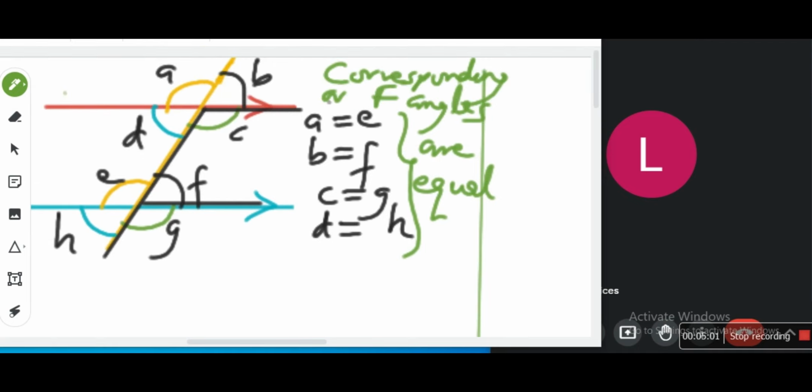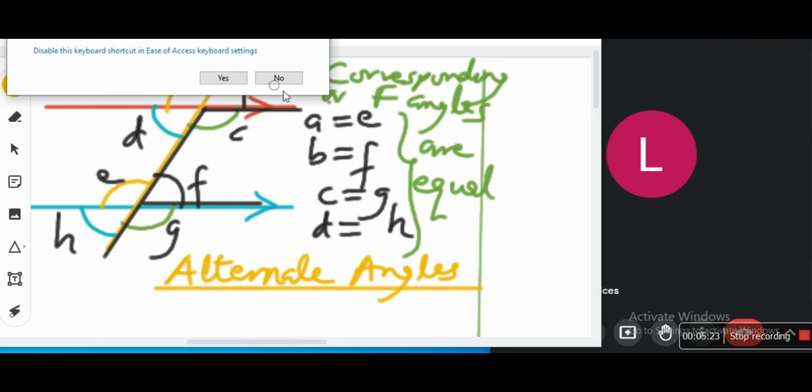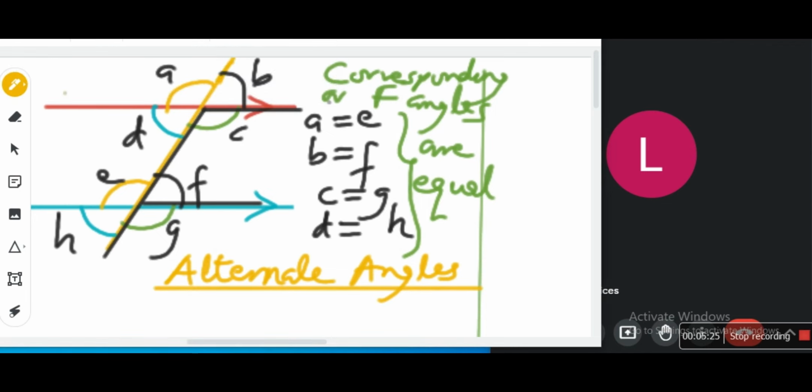If we don't want to look at corresponding angles, the other angles that are equal, we call them alternate angles. Alternate angles are only considered for the interior angles, not the external ones, not the ones that are facing out.